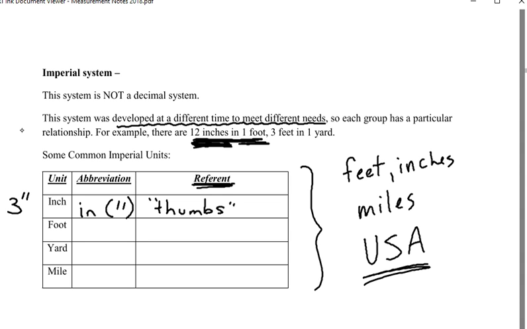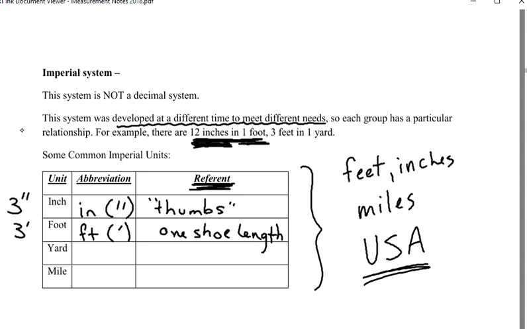A foot is abbreviated FT, and it's abbreviated with a single tick. So 3 feet would be identified as 3 with the single tick. And a foot, the reference, would have been basically just that, 1 shoe length. But you can see why over time, everyone has different shoe sizes.